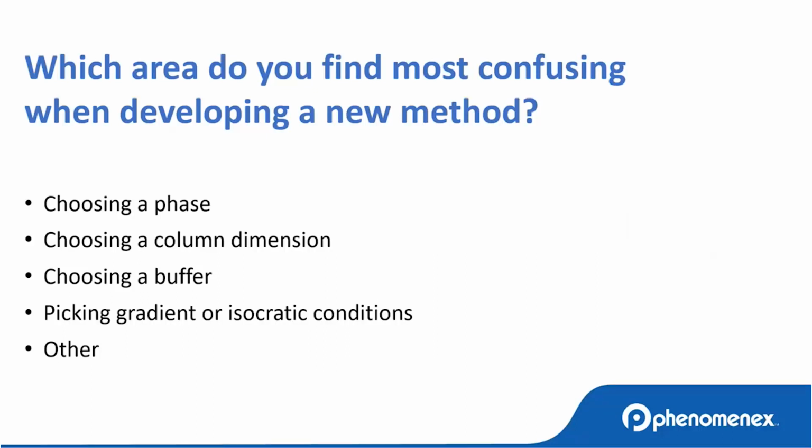Is it choosing what buffer, maybe the concentration of the buffer, or what pH to work at? Is it picking the gradient or isocratic conditions, or is it something else, right? So just wondering what you find most frustrating or confusing, or have a hard time starting, when working on a new method. So I'll let you answer that.